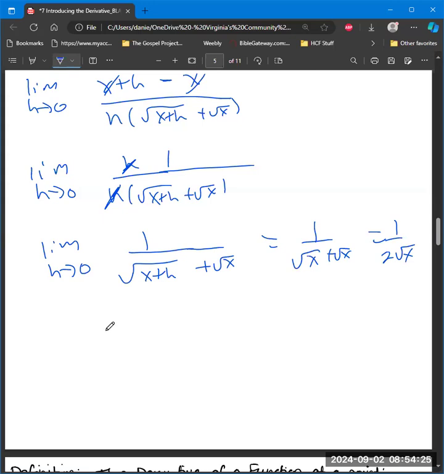You're going for a numerical answer for f prime of x when you're done. So it'll be simpler for you to leave that there if x is a perfect square. Right?